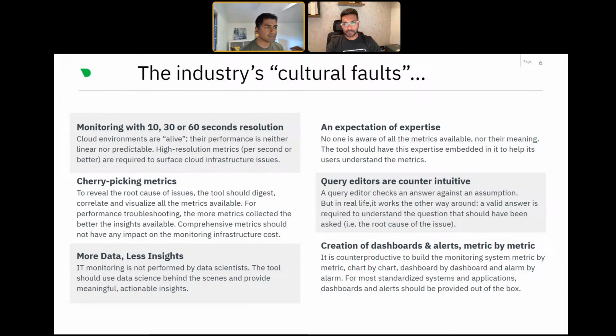So in these sort of environments, you really need real-time monitoring. And by real time, I mean you need the data every single second, or ideally even better, right? But what's happening in the industry is that most monitoring solutions do not give you per second information. They give you per 10 seconds, per 30 seconds, 60 seconds, in some cases even across many minutes.